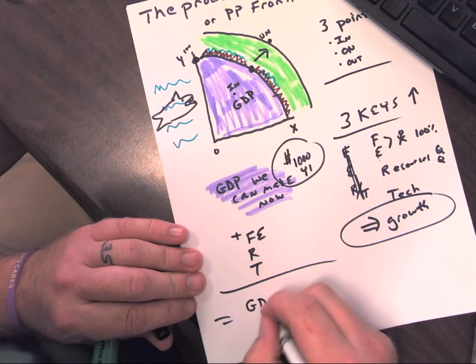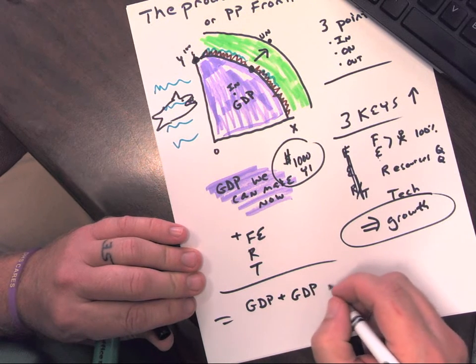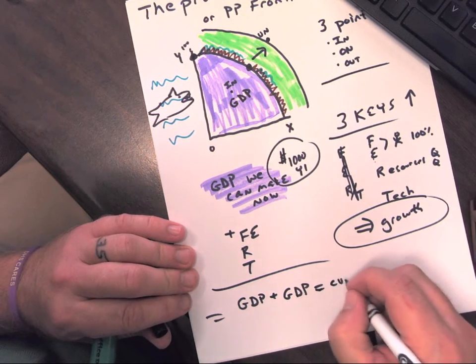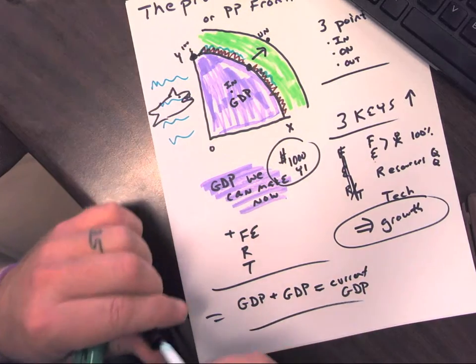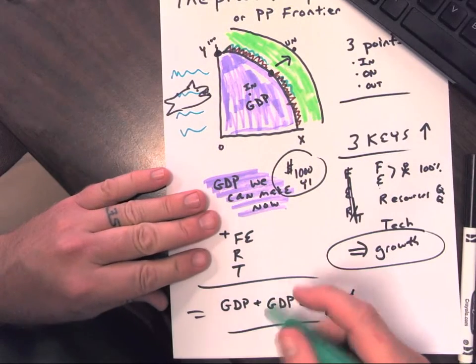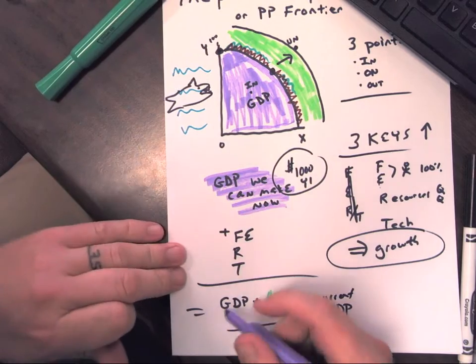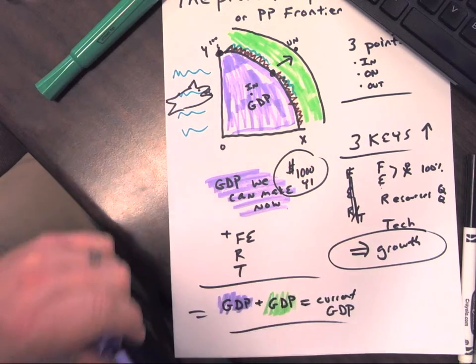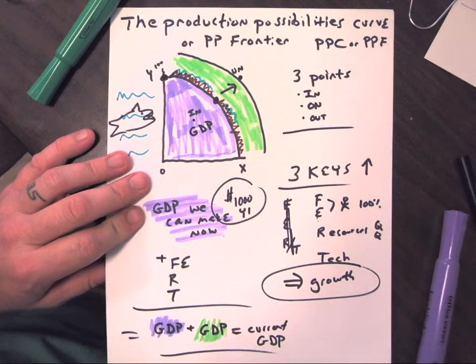We have GDP in purple plus GDP in green equals current GDP. So, with all this together, you add together the green and the purple, and we have economic growth, don't we? So this is how nations or economies can grow, by adding people, resources, or technology. Sorry, there's keyboards in the way.